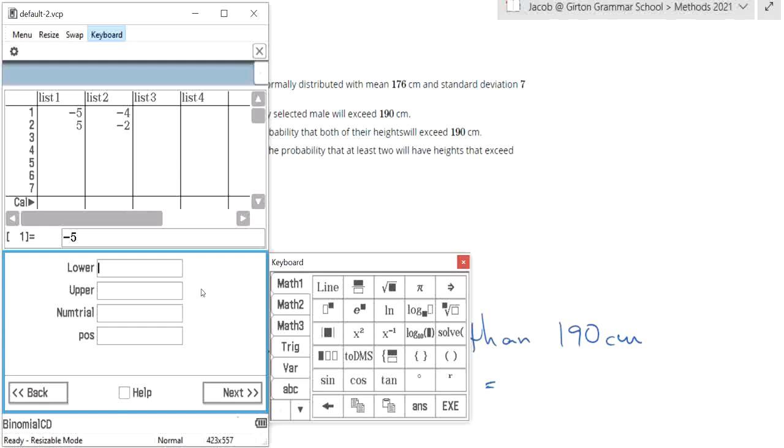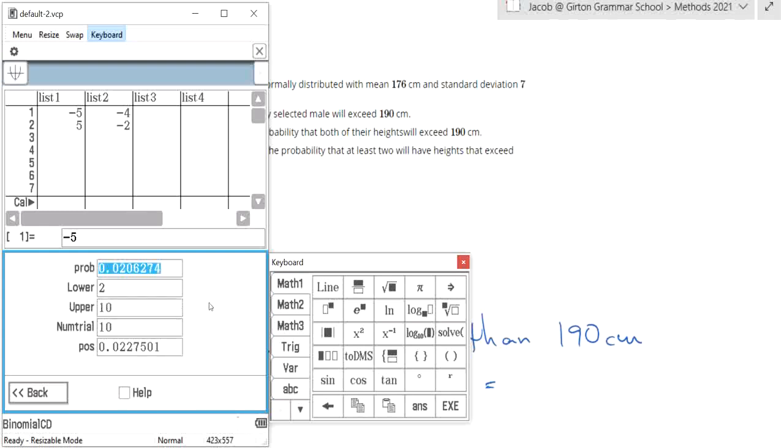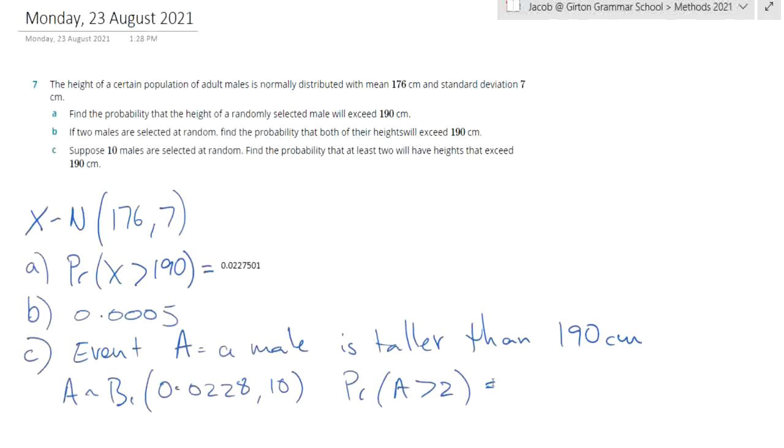The lower is 2 and the upper is 10. Out of 10 trials with probability of 0.228. And so that gives me the probability there of being 0.206.